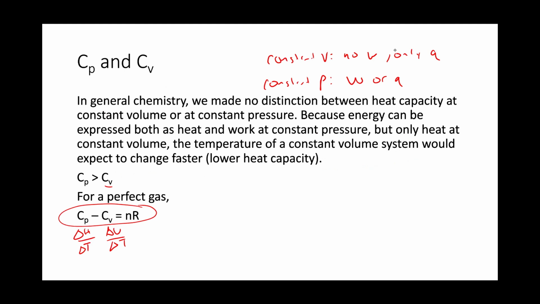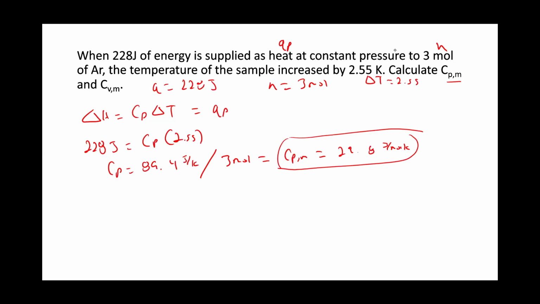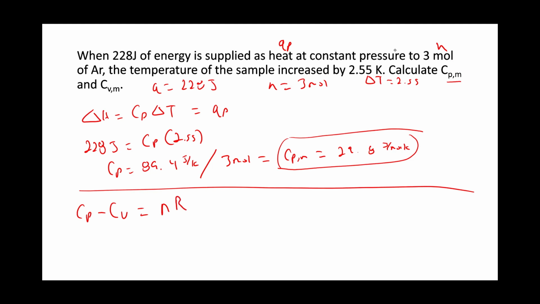So our constant pressure minus our constant volume is N times R. Well, we know our constant pressure is 29.8, N is 3, R is still 8.314. Our constant volume is going to be 29.8.